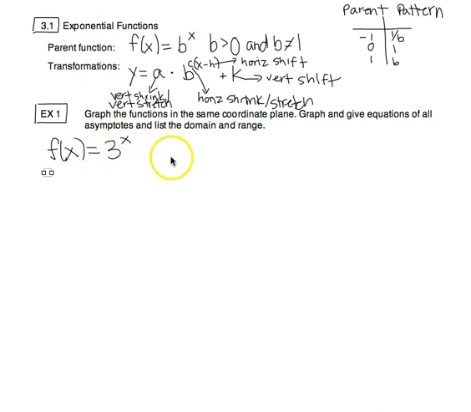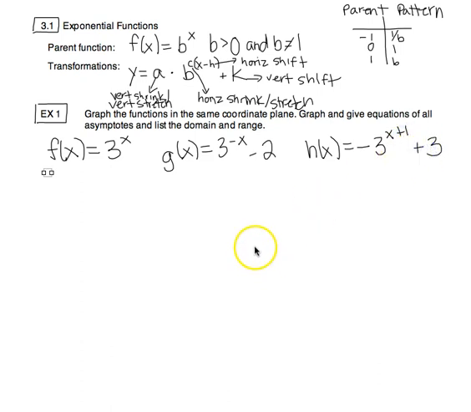F of x equals 3 to the x, then g of x equals 3 to the negative x minus 2, and then finally h of x equals negative 3 to the x plus 1 plus 3.